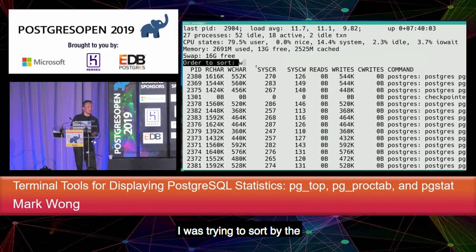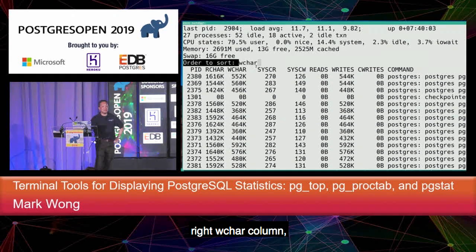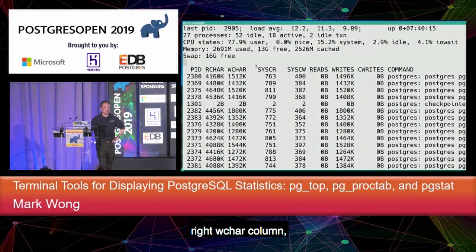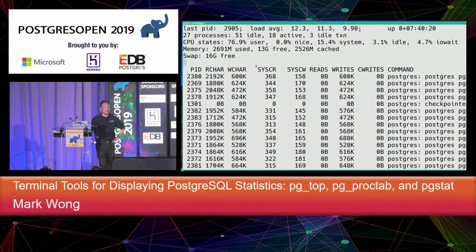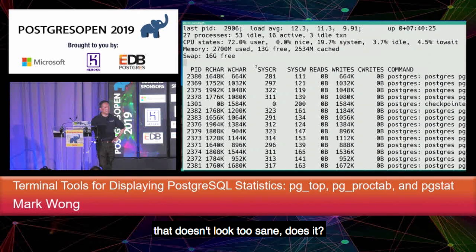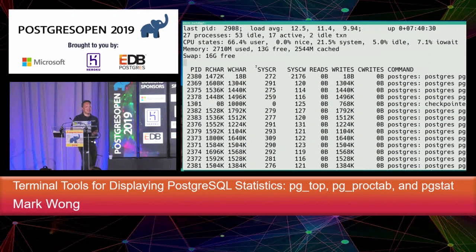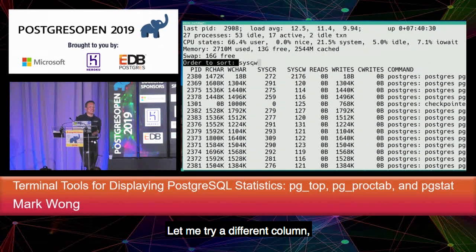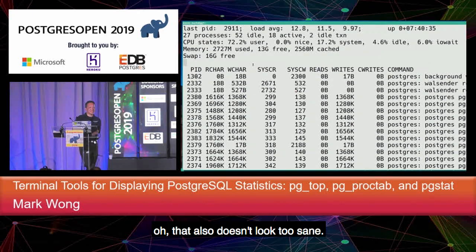I was trying to sort by the wchar column. That doesn't look too sane, does it? Let me try a different column. Oh, that also doesn't look too sane. I must have a bug in there.